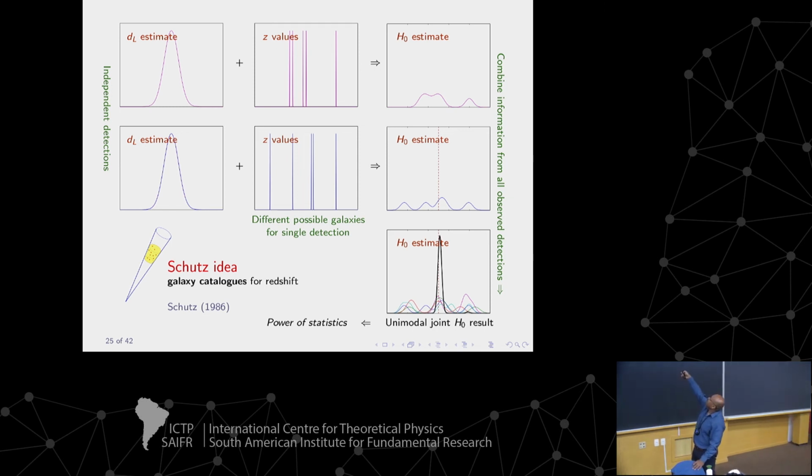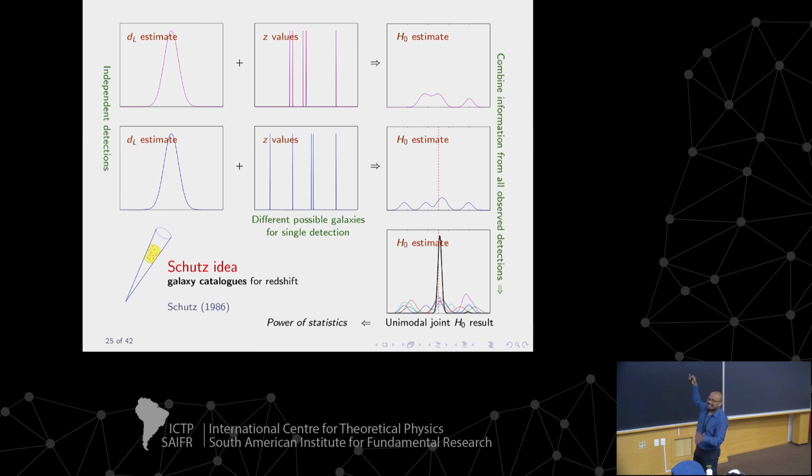The idea is that for all these peaks, for this observation, one of the peaks is coming from a correct association, the other peaks are coming from random associations. If it is coming from the correct association, then it is going to be at the correct value of H0, whatever it is. So this peak at the correct location will be at 70 kilometers per second per megaparsec.